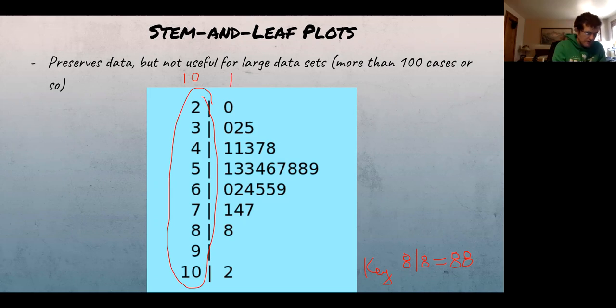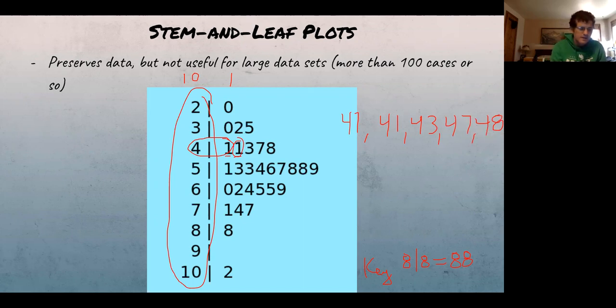Every leaf represents a different data point, and that's why you have 2 ones right here. This represents 41 showing up once in the data set and a second time. So we're going to have 41, 41, 43, 47, and 48 as data points.